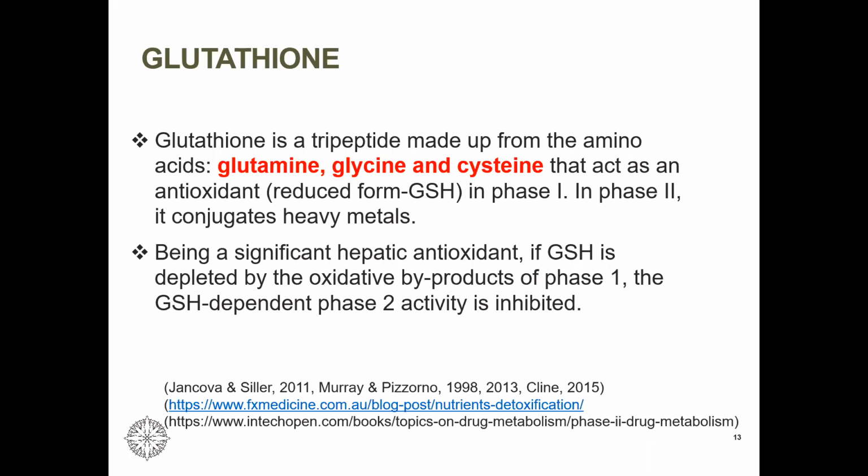In fact, when we do some experiments and look at whether a person has liver damage, and we look at the level of GSH, it is directly linked: if somebody has a change in the ratio of these two forms of glutathione, it indicates that the liver is not working properly.